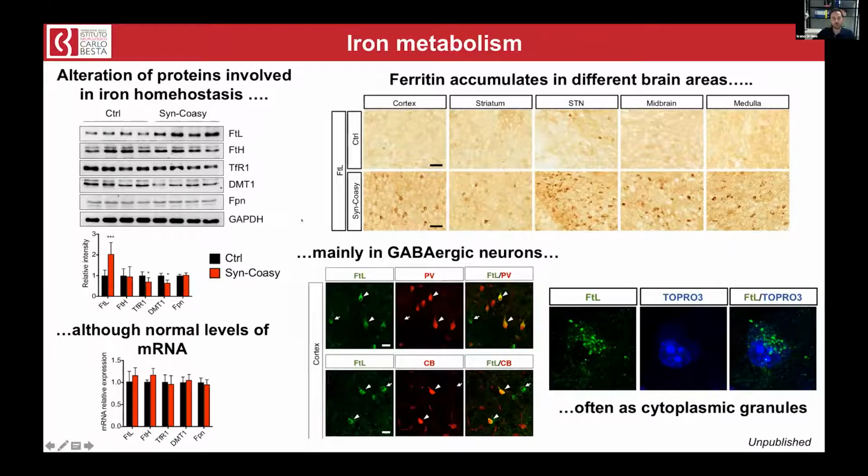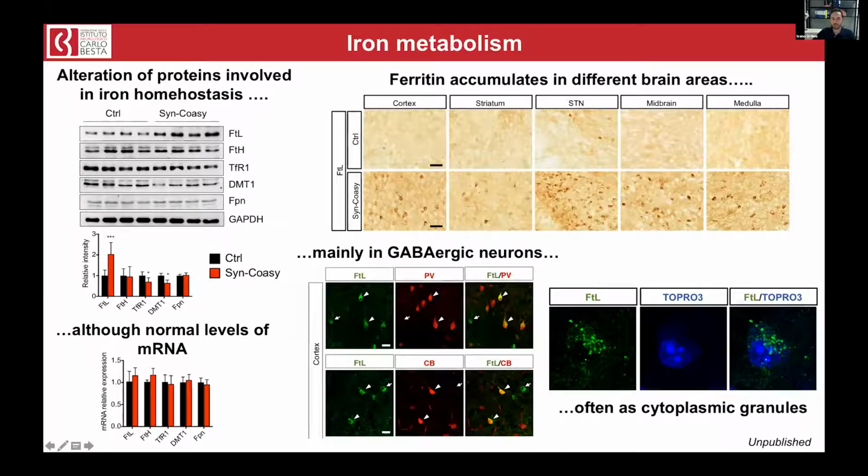We found that ferritin accumulates mainly in the neurons, mainly in the cortex of the knockout animals, but also in the subthalamic nuclei and in the midbrain and medulla, but very low accumulation, or sometimes no accumulation of ferritin was found in the striatum.